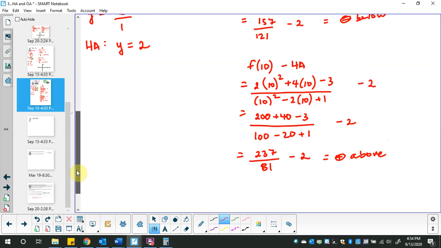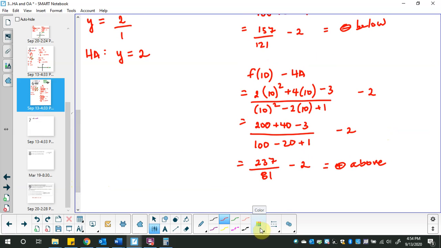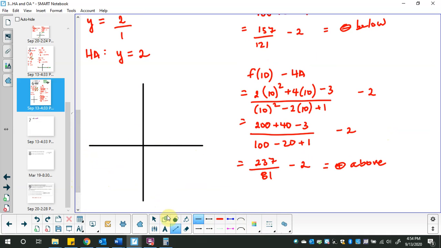All right. Line maker. So y equals 2. Horizontal asymptote is, say there, with a label.